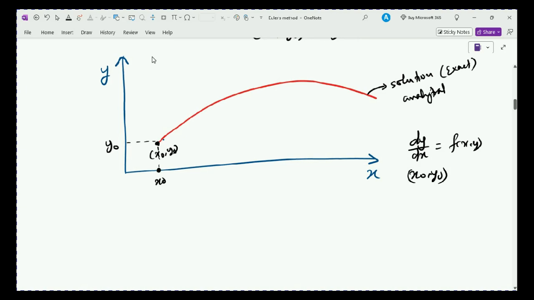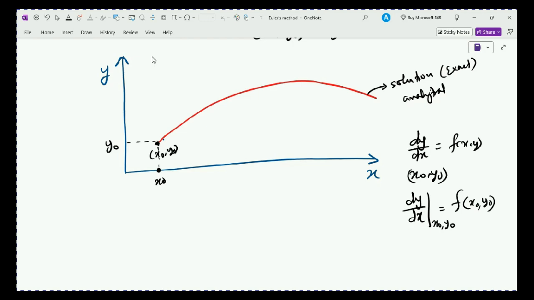Okay, so if we substitute this here, it will give us dy by dx at the initial point x0 y0, and that can be obtained by substituting x0 y0 here. So f of x0 y0. Once we know this, we actually get the slope here.